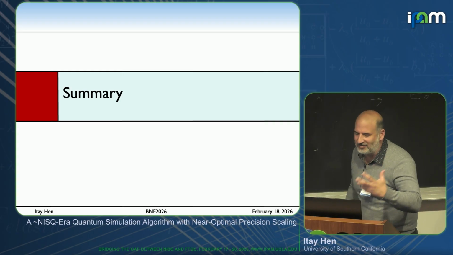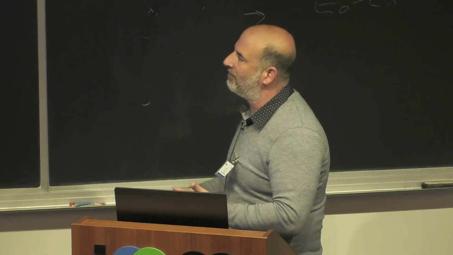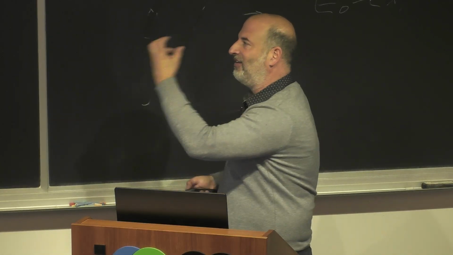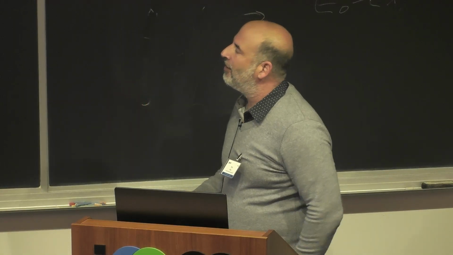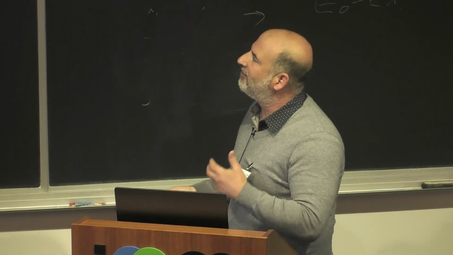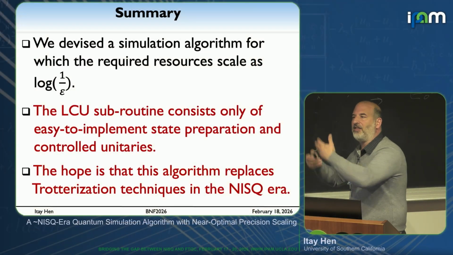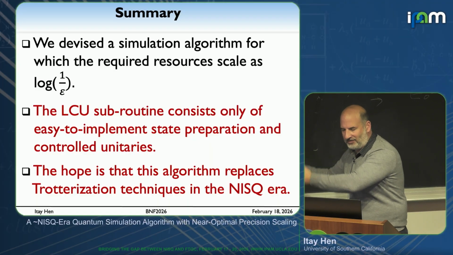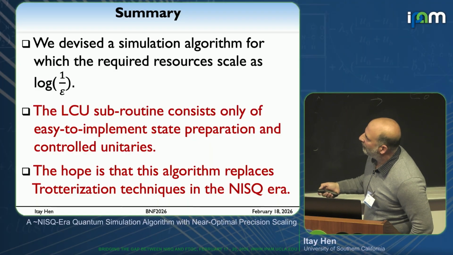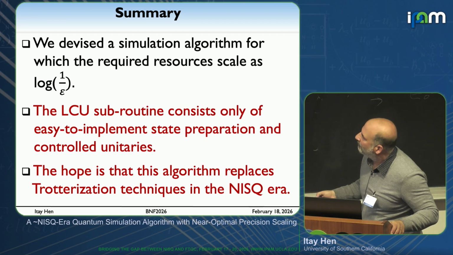The point is that we end up with an algorithm that only has C-nots and diagonal phases. And if you do the math properly, it scales as the other LCU Taylor-expanded algorithm. So it has optimal scaling, and it's also simple to implement.